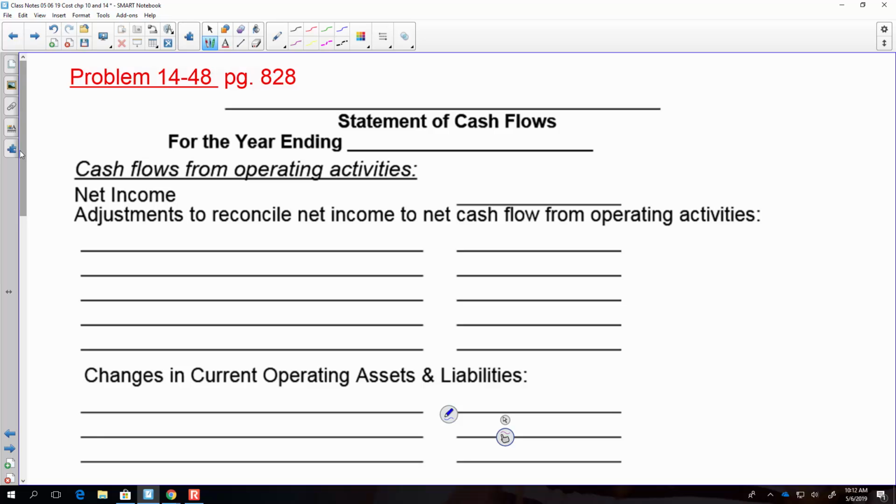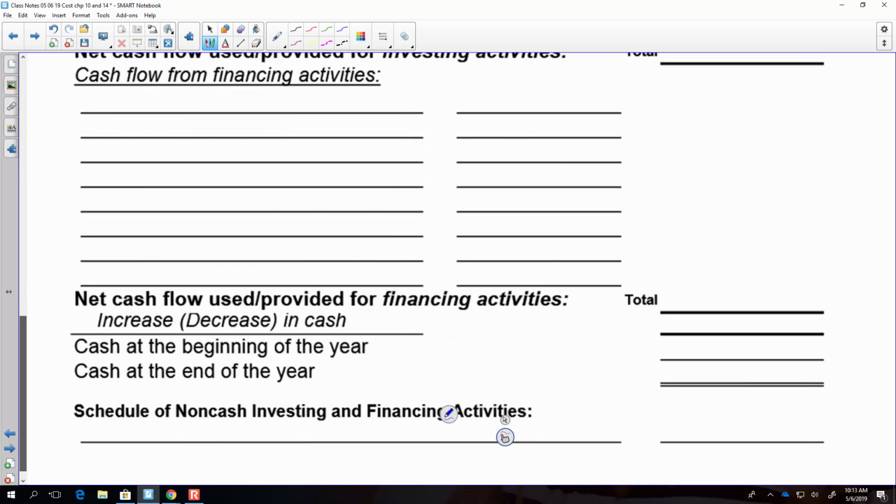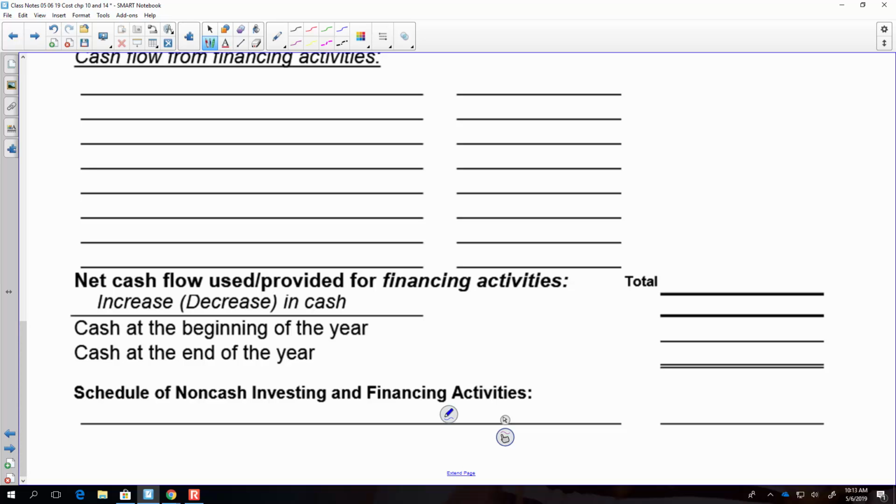All right, let's try this. Let's start with the bottom numbers. What's our change in cash? It went up, right? So I'm going to start on the bottom. It's always nice to have a check figure before we start. I had 112.5. So put that on the bottom.